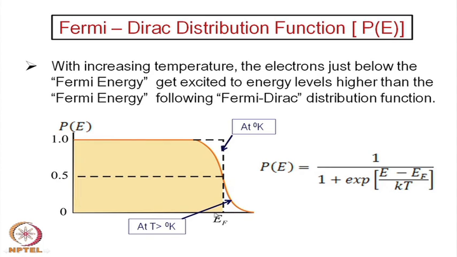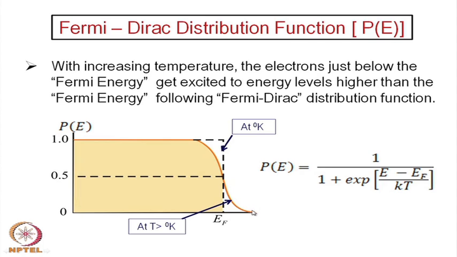So, there will be again a distribution. From 0 it will increase to 1 occupancy, but the higher the energy level, the lower the occupancy factor, and the closer to EF, the higher the occupancy factor.